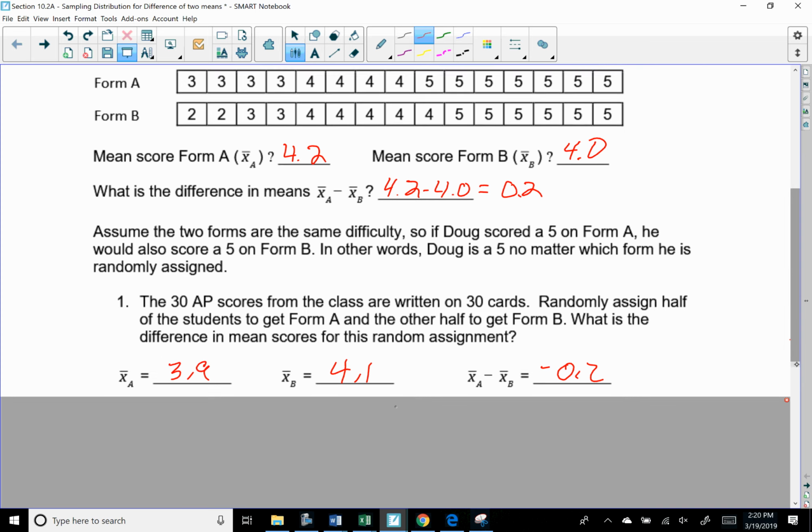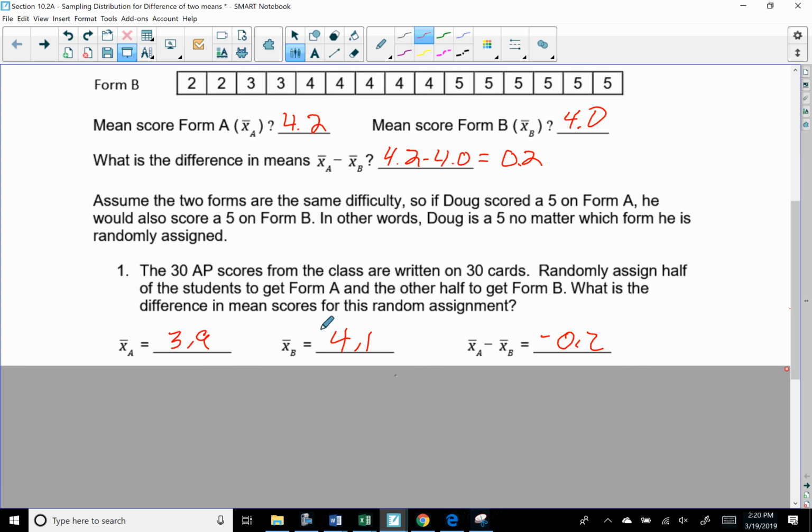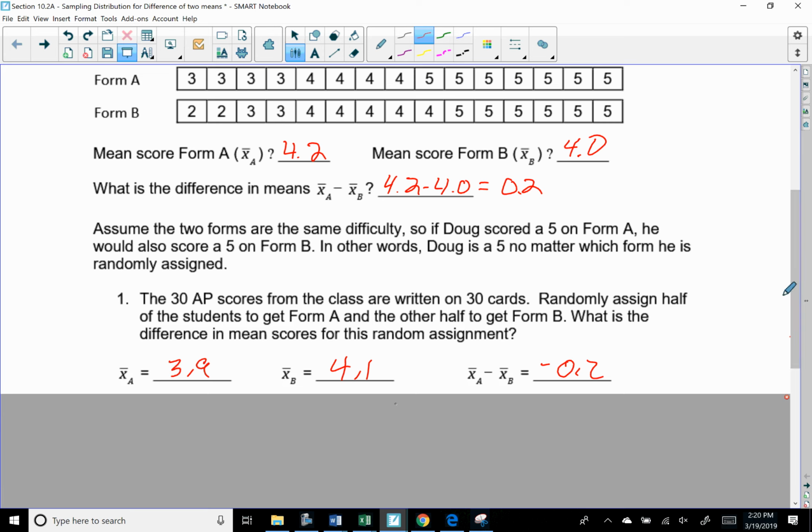And we do that over and over again. We get the sample mean from each form every time we run it, and then to run it again, we reassign people to each form, 15 in each group, and then get the sample mean again. But again, that's under the assumption that a person who scores a 5 would get a 5, whether it's Form A or Form B.